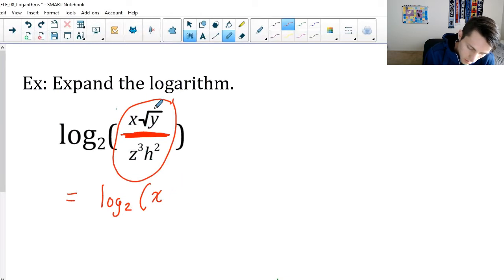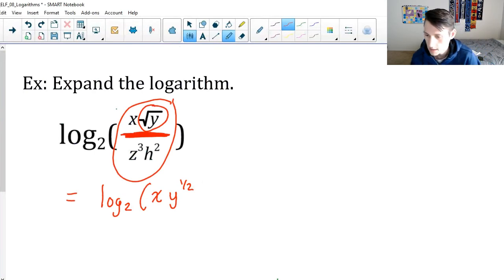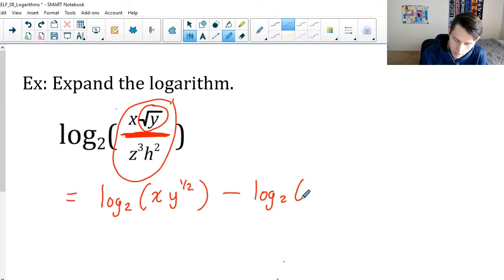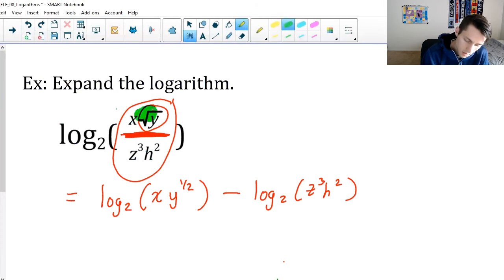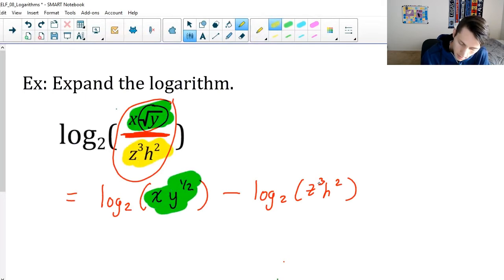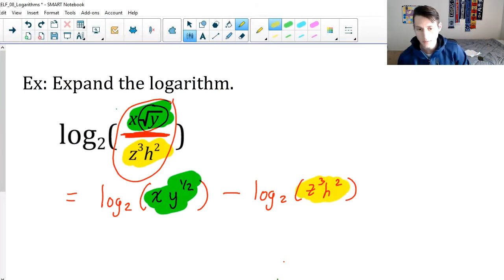And actually, square root of y, I'm going to rewrite that as y to the 1/2, just like we talked about. Roots can be written as exponents. Minus log base 2 of z cubed h squared. I will again emphasize numerator is what goes inside the first logarithm. Denominator is what goes inside the second logarithm.